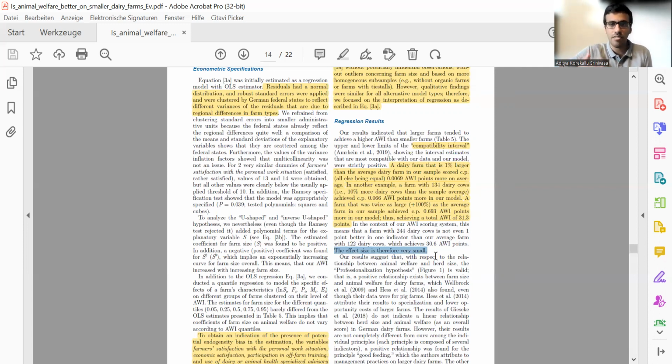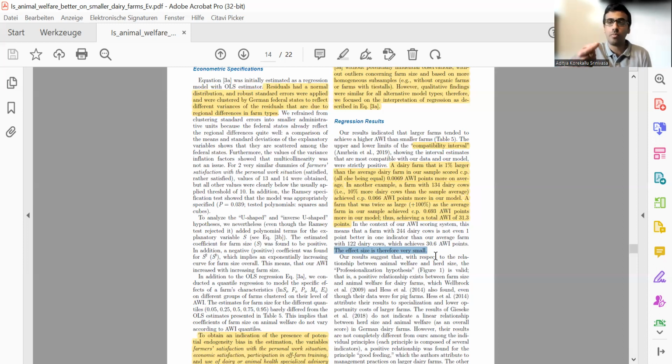Imagine if they were not doing this sort of explanation and were doing sign econometrics. They would have concluded that herd size was statistically significant, so larger herd size leads to an increase in animal welfare. Imagine that sort of conclusion versus this sort of conclusion. In the first case, the over-reliance is on statistical significance, but the increase in animal welfare is too small in an economic sense.